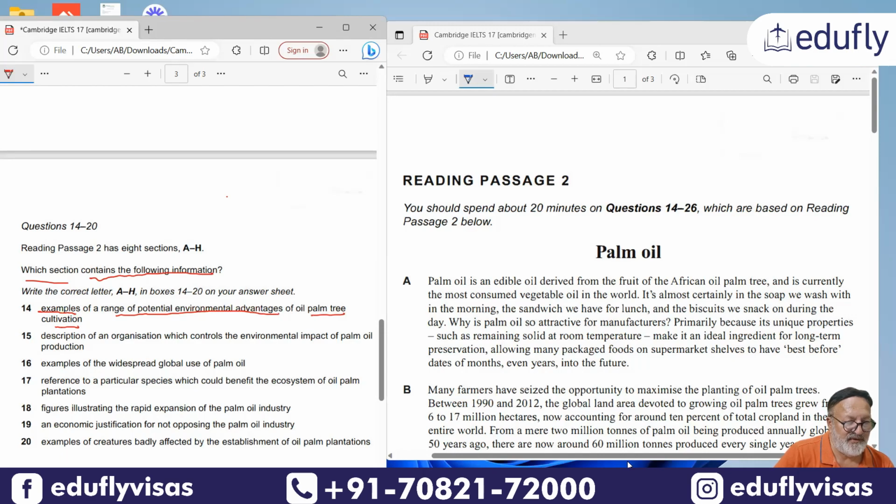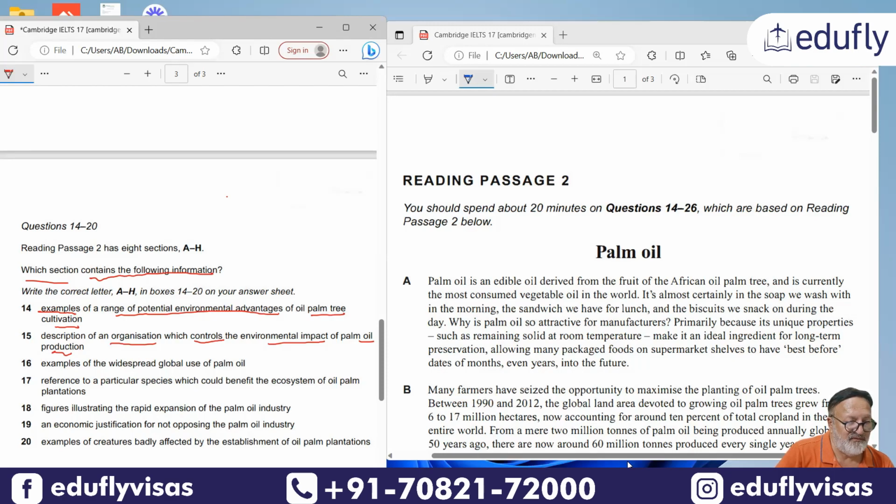Now, description of an organization which controls environmental impact of palm oil production. So these four things are important. The organization has to be mentioned, which controls the environmental impact, the effect of palm oil production on the environment.